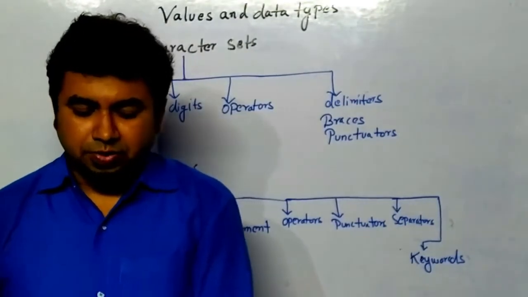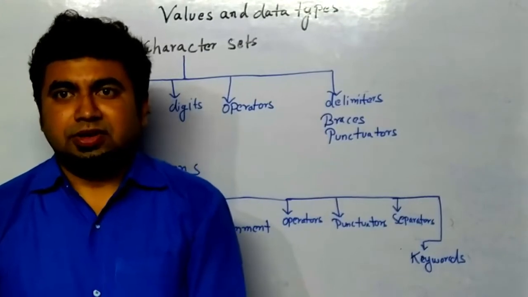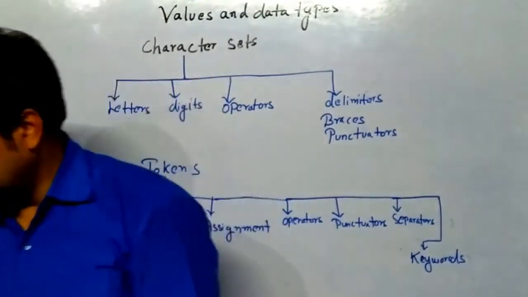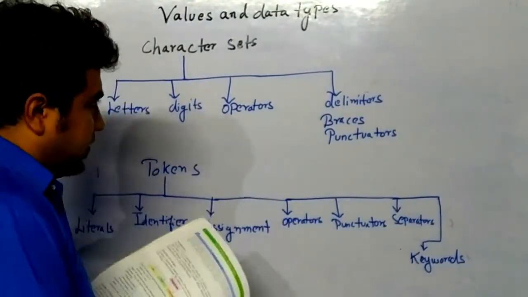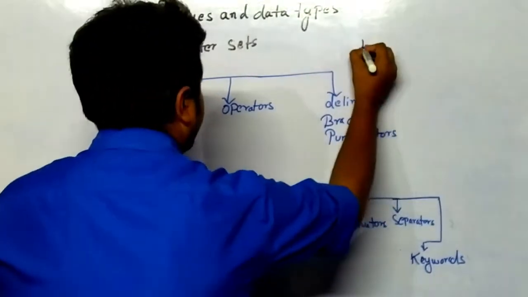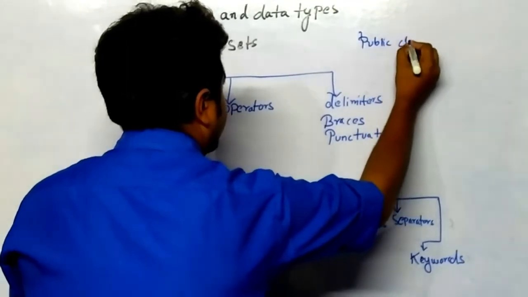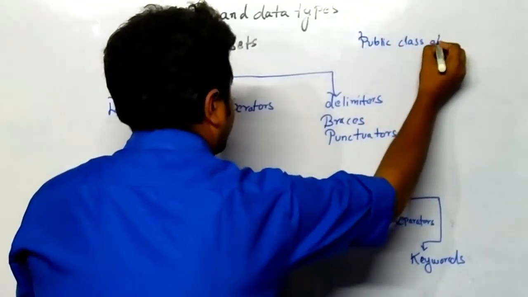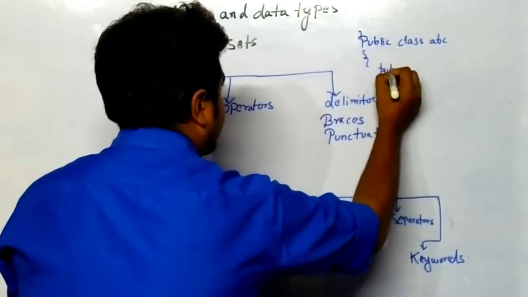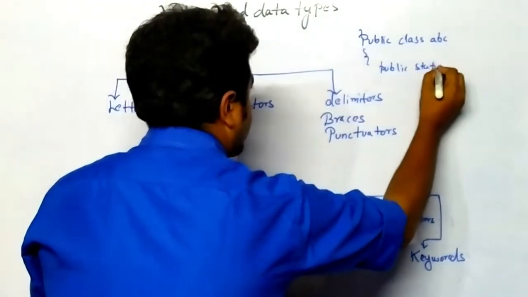Each statement of a computer program is formed by using different words. You use public, then class, then braces, and many other things in a program. For example, you write public class ABC, then inside it public static, and it continues like this.